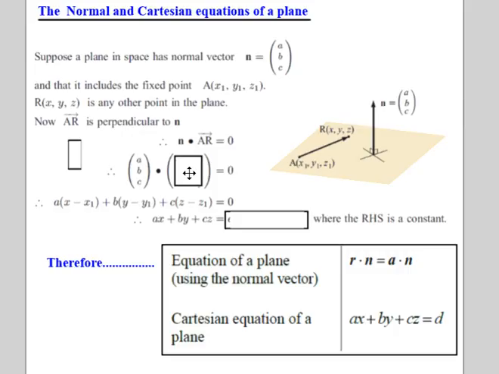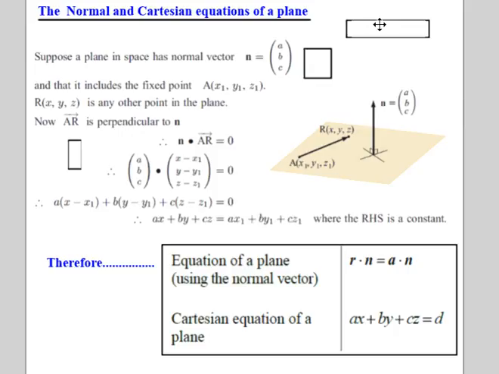It's the position vector of R minus the position vector of A, which is that. And then it's very simple to multiply this out with the scalar product to get this relationship. And then when we rearrange that so that we have the general point (x, y, z) on one side and everything else on the other, we get this. Notice that ax1 plus by1 plus cz1 are going to be fixed because we're given them.